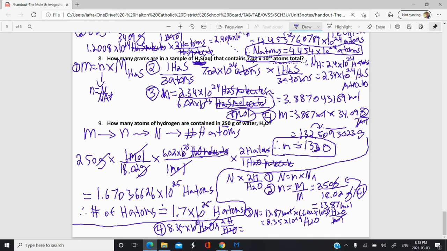And that would be equal to our same number there, 1.67, and so on and so forth, times 10 to the power of 25 H atoms. And then you would have your therefore statement, and then you'd round to your correct number of significant figures. So therefore, approximately 1.7 times 10 to the power of 25 H atoms. And so that's using the formulas.